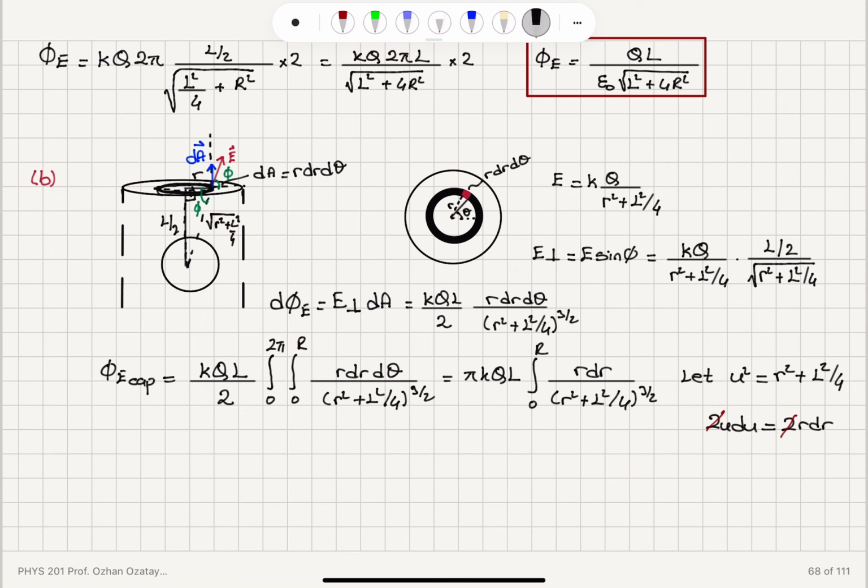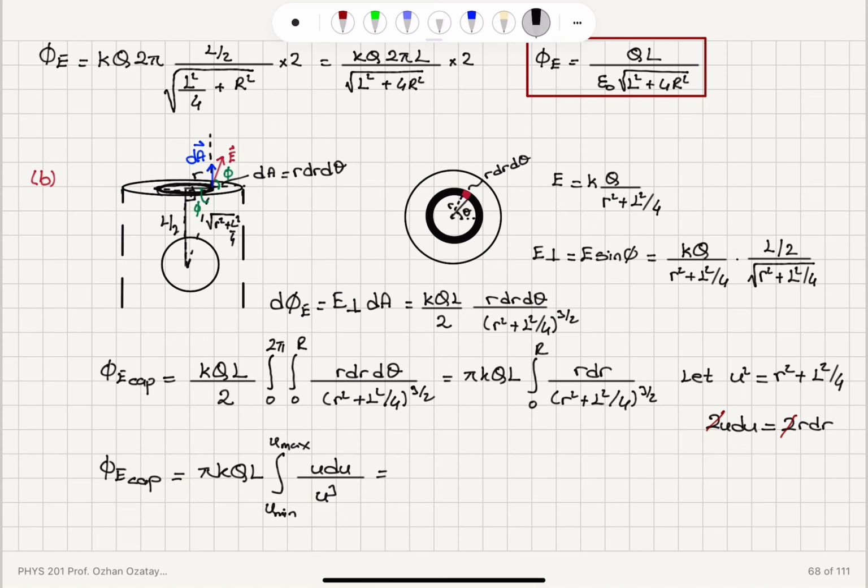All right, so the flux through the cap will be equal to pi kqL integral. For r dr, I will substitute u du, and at the bottom I have u squared to the power 3 over 2, so I will have u cubed. And this will be integrated from u minimum to u maximum.